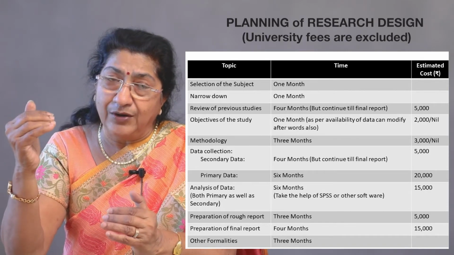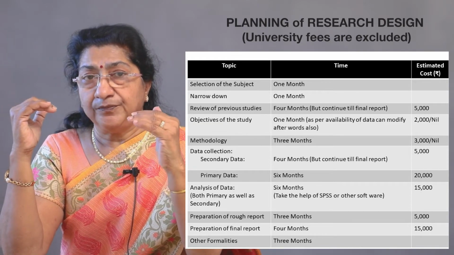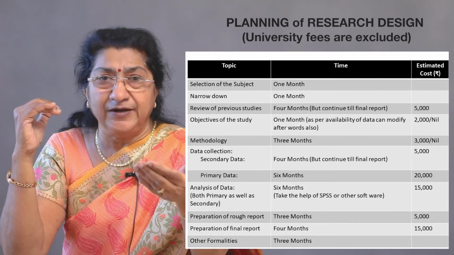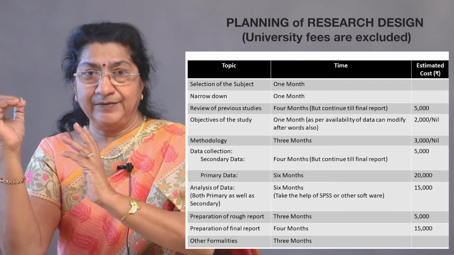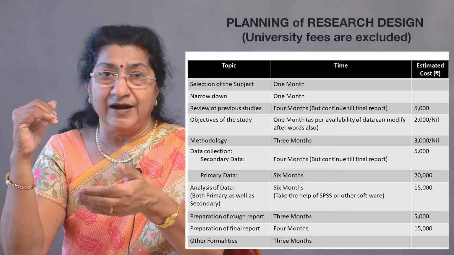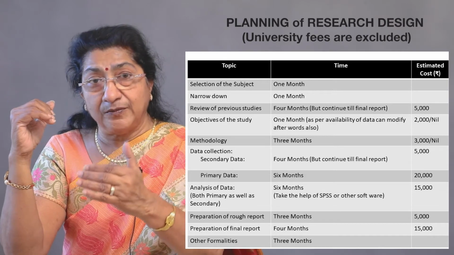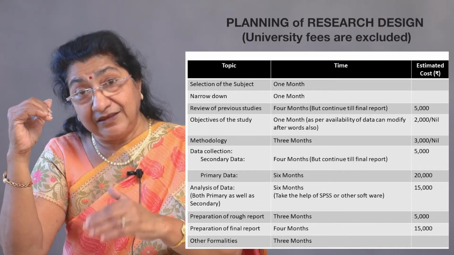Then you have to collect the data. First of all, when you review the literature, at that time you can collect the data. But many times you may realize that your objectives are a little bit different, so you have to collect this type of data.